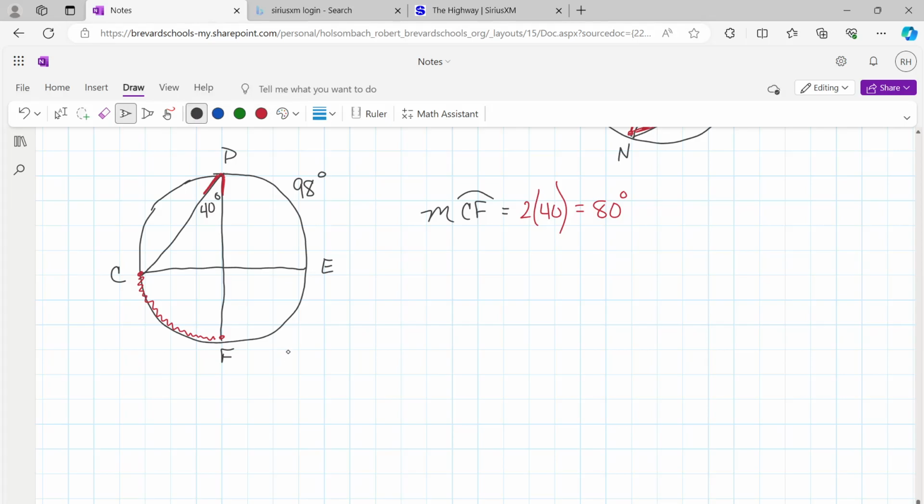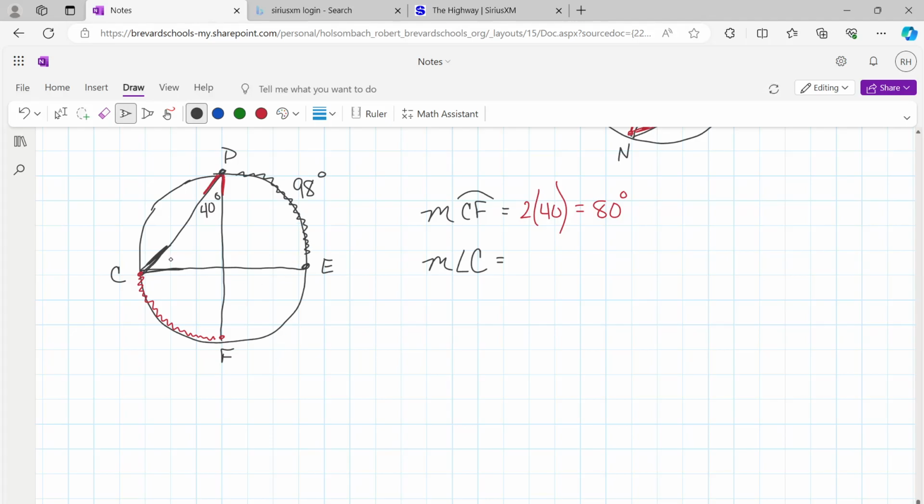If we need the measure of angle C, all right, angle C is right here. It corresponds to arc DE, all right? We have chord CE and we have chord CD. They form this arc.